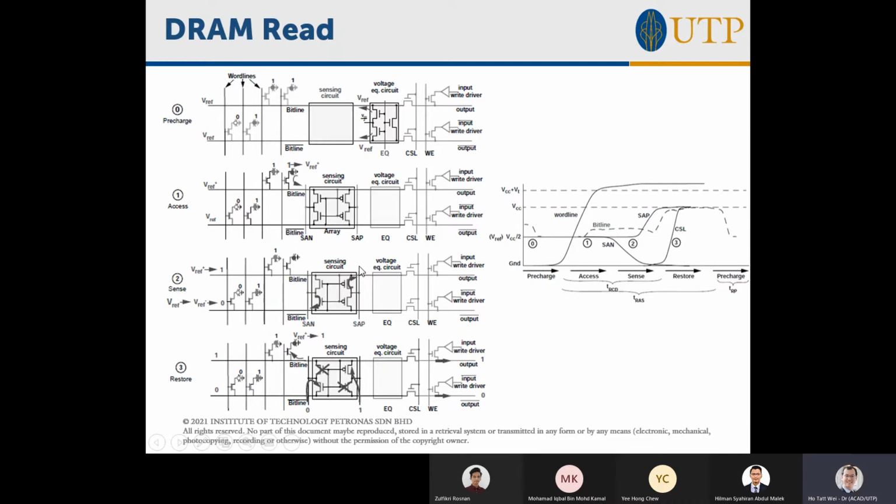This SAP is actually logic 1, the 1.8 or the VCC, and is going to charge up this bit line to logic 1. So because there's a small change in charge here, that small change is enough to turn on this sense amplifier circuit. It will rapidly discharge this bit line and charge this bit line to logic 1. So you go up here like that, go down here like that. This is the job of the sense amplifier: amplifying the signal to logic 1, logic 0.